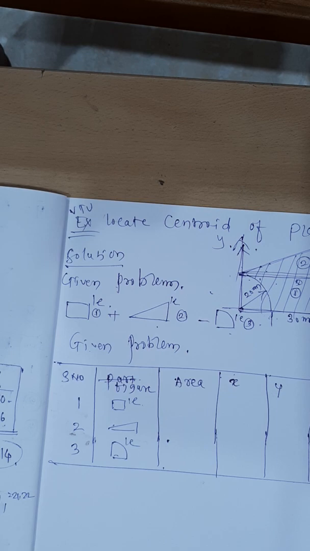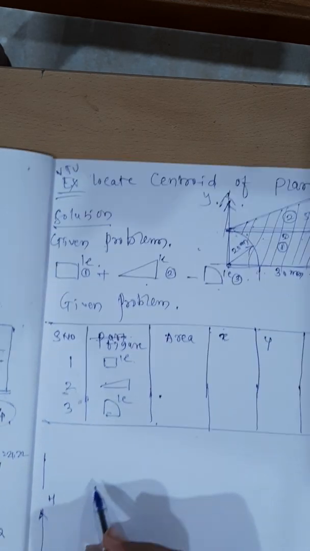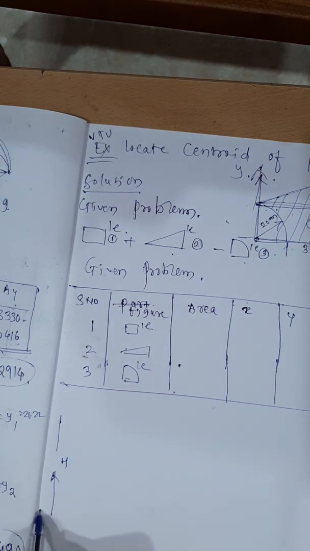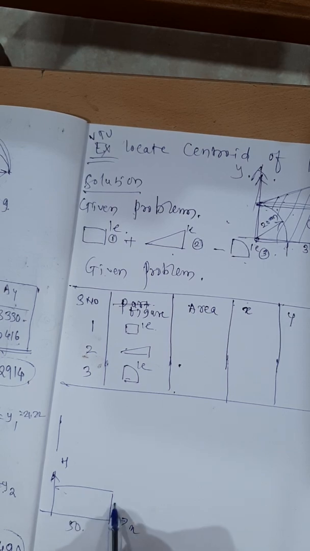Now friends, consider those figures carefully. Go for the first figure. Your x line and y line are like this, and your figure is kept something like this. This dimension is 50 and this dimension is 20.